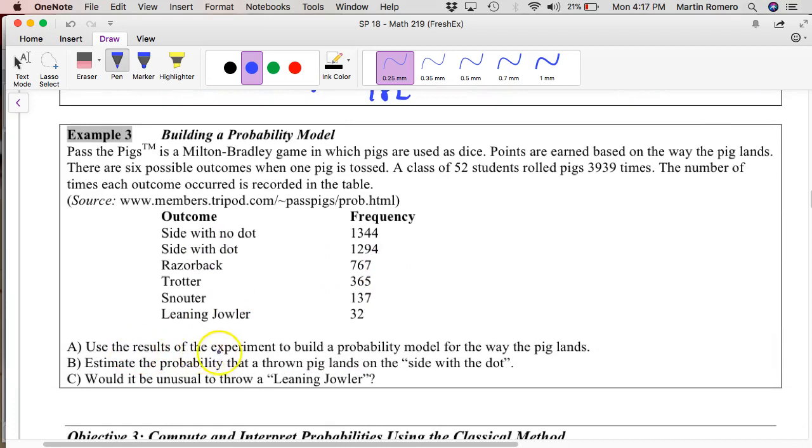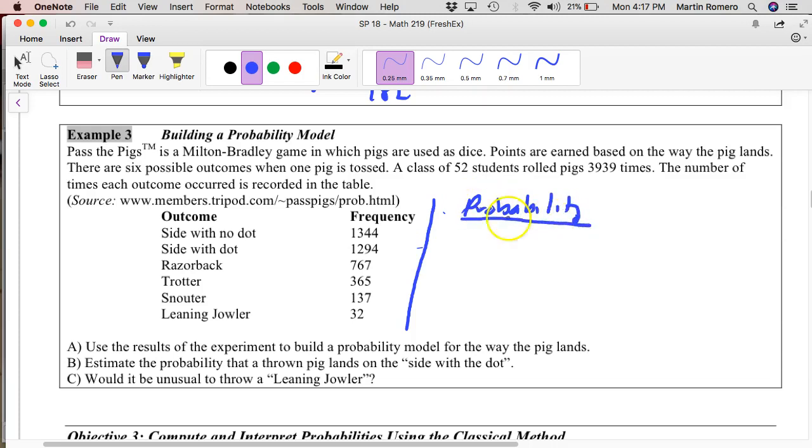So use the results of the experiment, empirical probability, to build a probability model for the way the pig lands. Estimate the probability that a pig lands on the side with a dot. If we were going to build the probability model, we would need to actually have a column for probability.